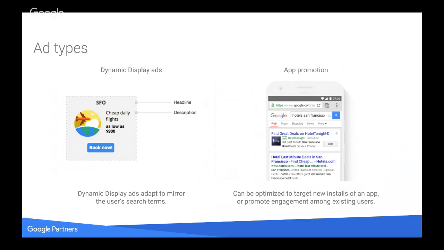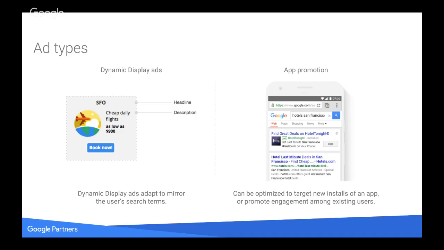Now, on the right-hand side of the screen, you'll also notice there's something called app promotion ads. In a day and age where most things are not just on mobile, but also on apps, app promotion ads are in a unique place to help you target new installs of your application by targeting creatives across the Google Display Network.